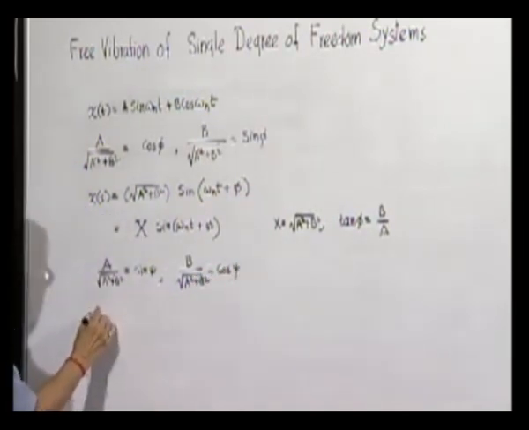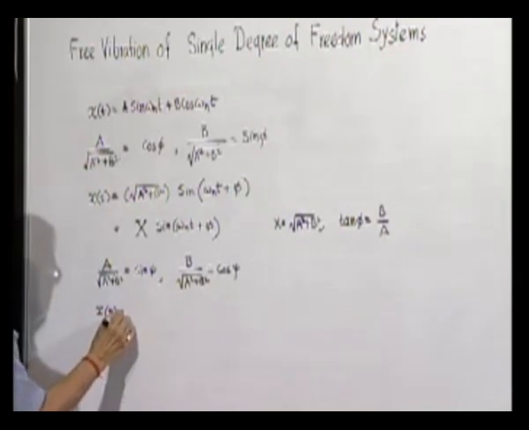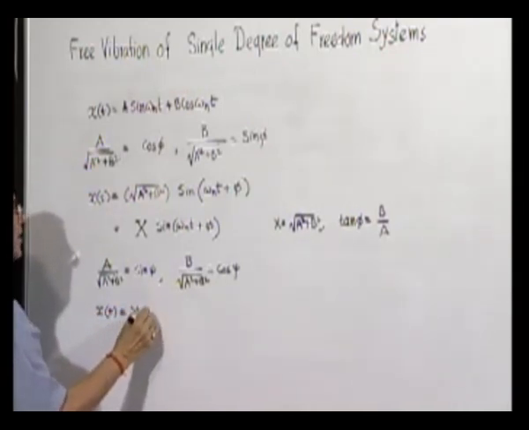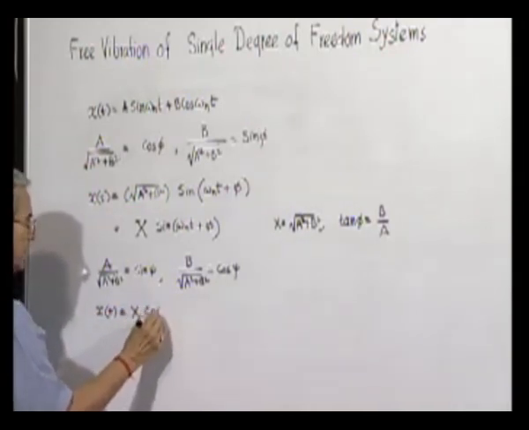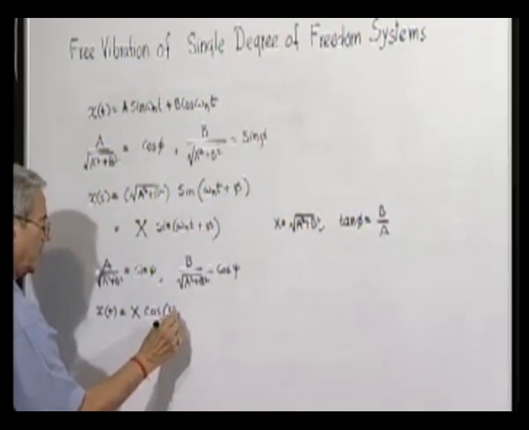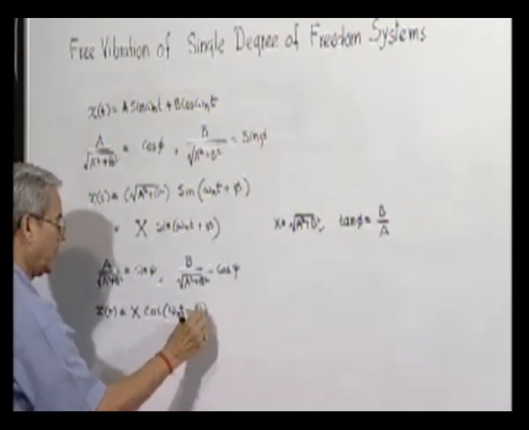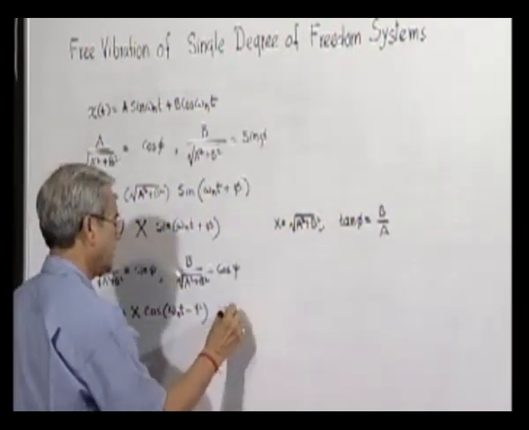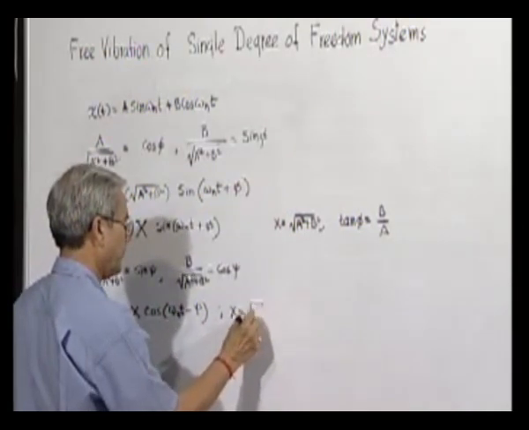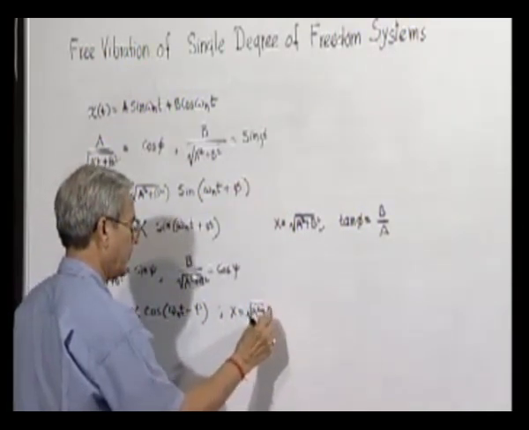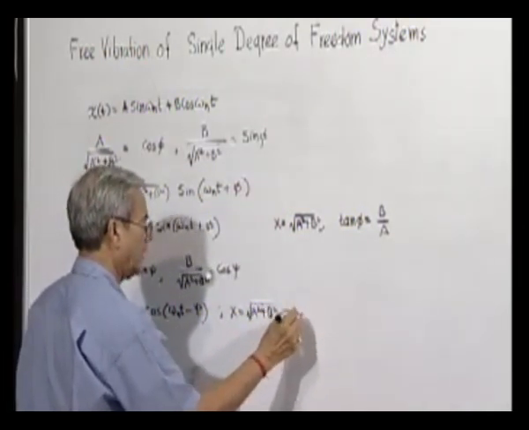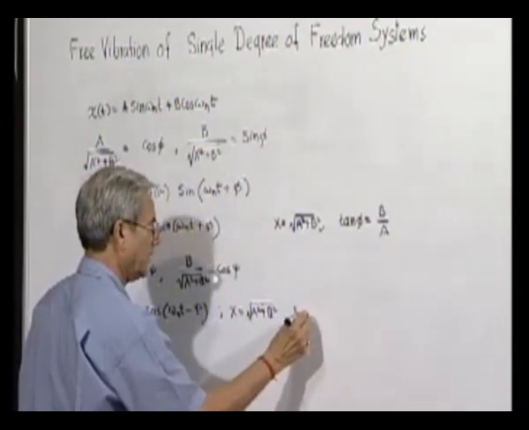Then x t will be equal to X cosine, where X is same and tan psi.